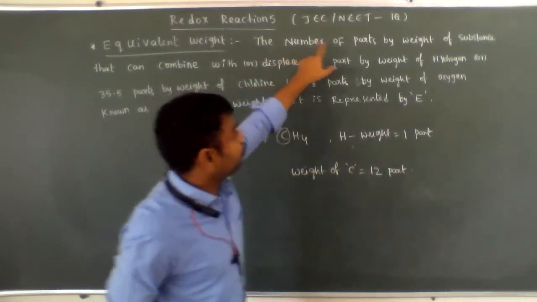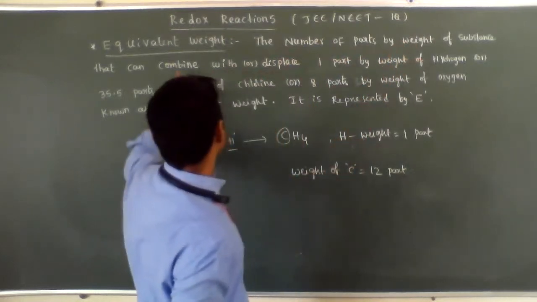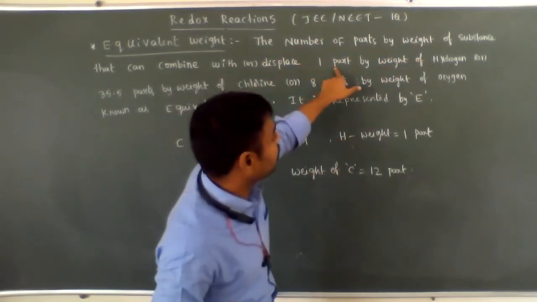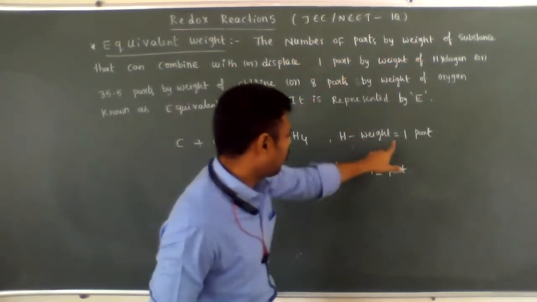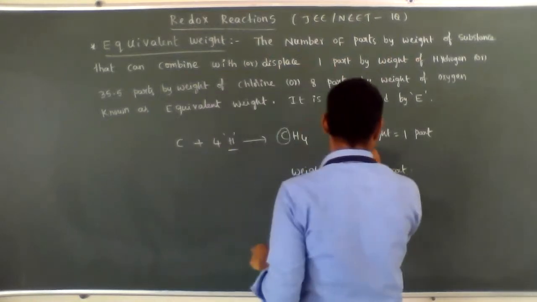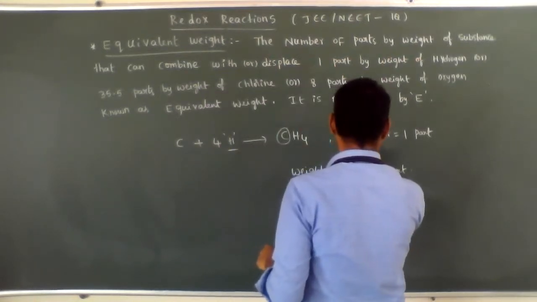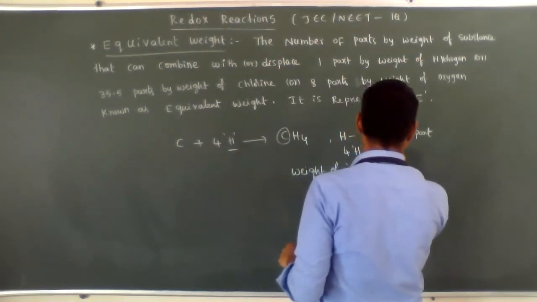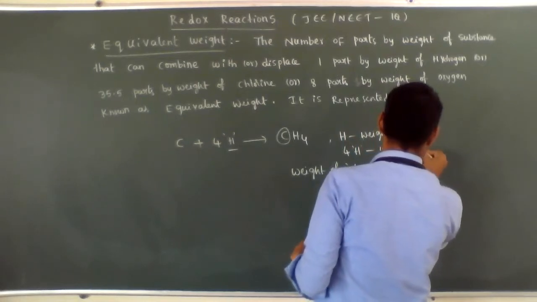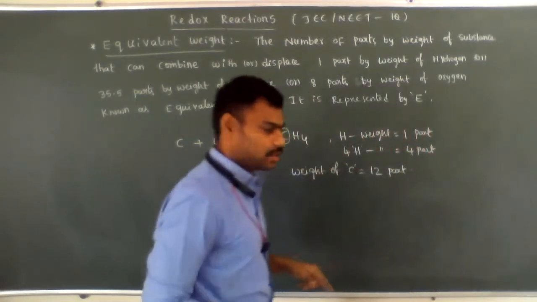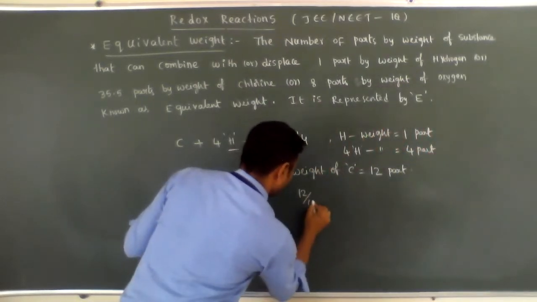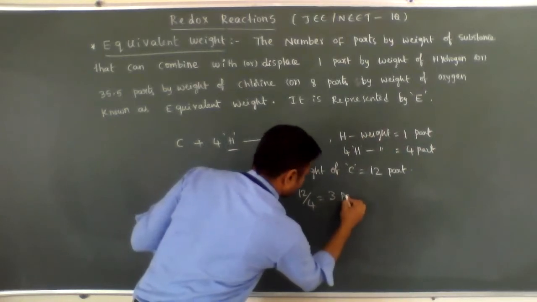It is the number of parts by weight of a substance that can combine with or displace one part by weight of hydrogen atom. But how many parts are there? In total 4 hydrogen atoms, so the weight is 4 parts. Then 12 by 4 is equal to 3 parts.